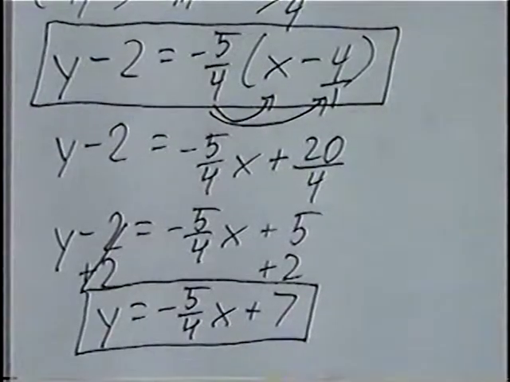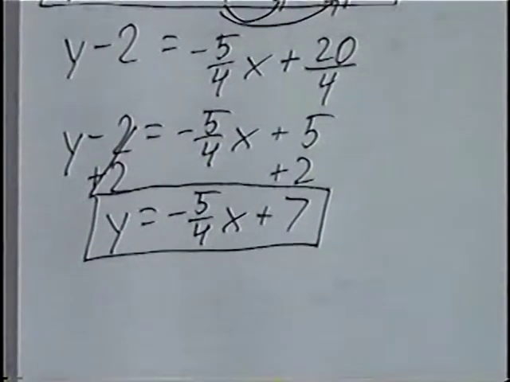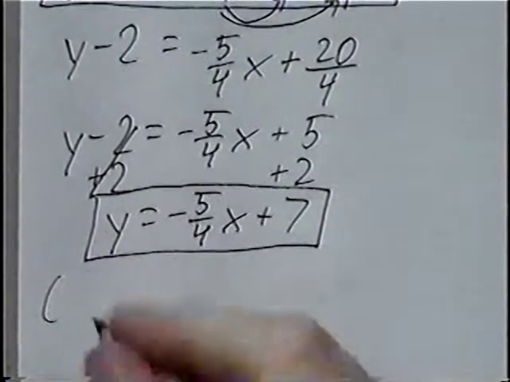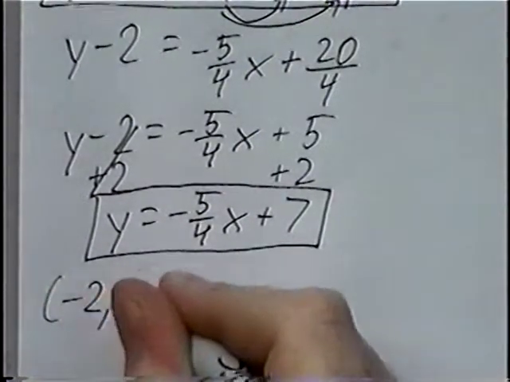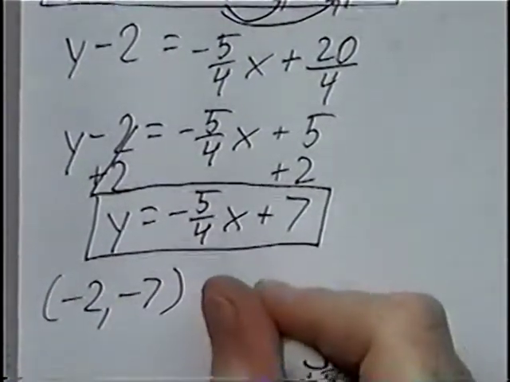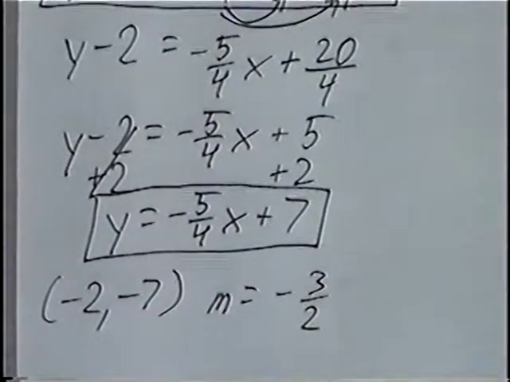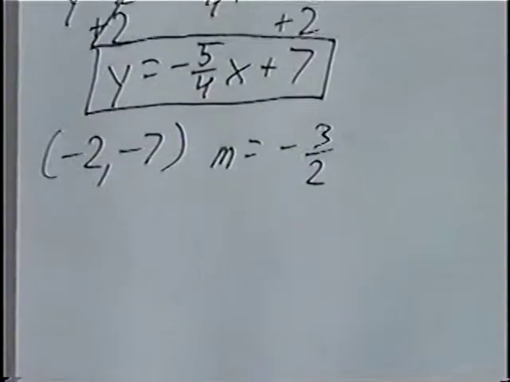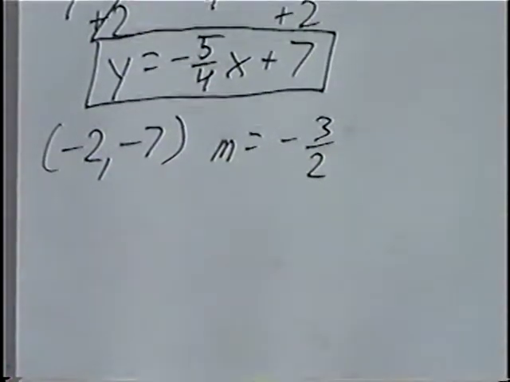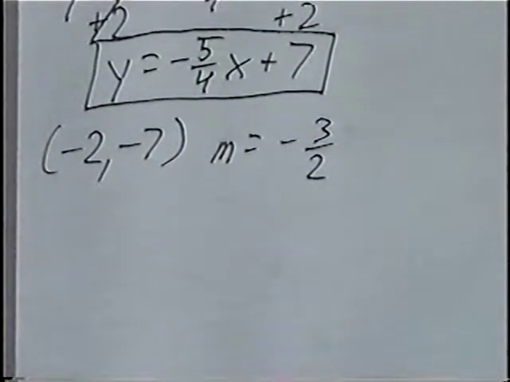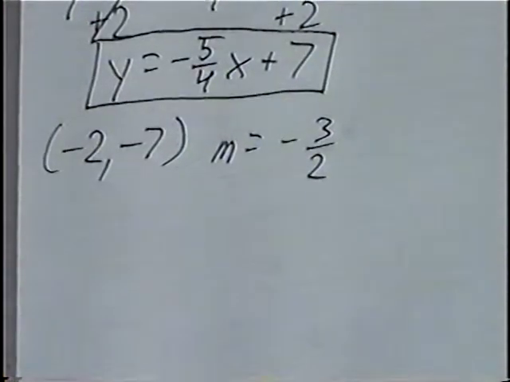Second question for this section. The point is (-2, -7), and m equals -3/2. Again, taking the point and the slope, we can plug in the values for the point-slope form equation.